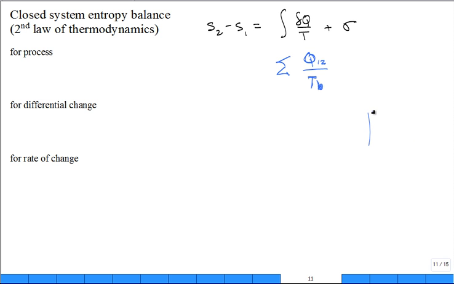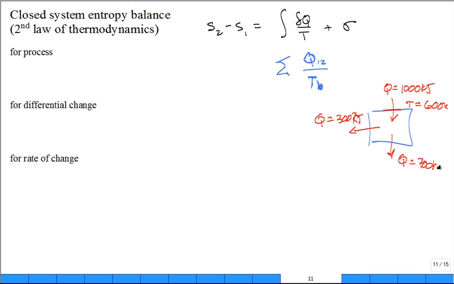Let's say I had a problem with this, and a Q of 1,000 kilojoules came in at a temperature of 600 Kelvin, and then there was a Q of 300 kilojoules going out, and a Q of 700 kilojoules going out, and this boundary temperature was 300 Kelvin, and that boundary temperature was 400 Kelvin.